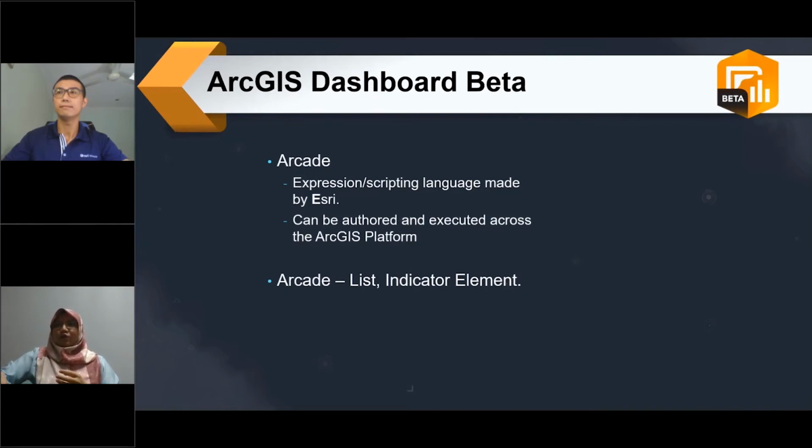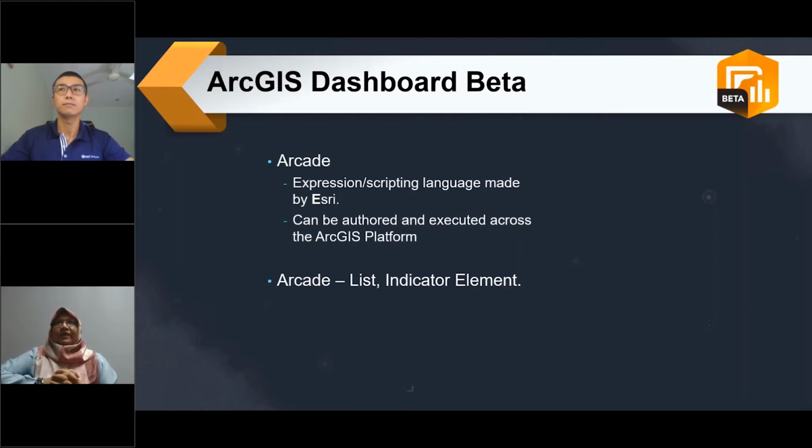The last part that I would like to share with you is the ArcGIS Dashboard Beta. This ArcGIS Dashboard Beta is re-architected with the ArcGIS API for JavaScript, so this is the new generation of the ArcGIS Dashboard. In it, we have what we call Arcade, an expression and scripting language made by Esri.